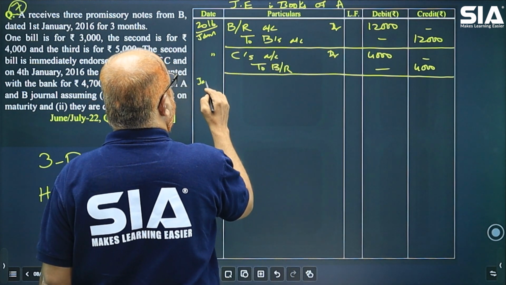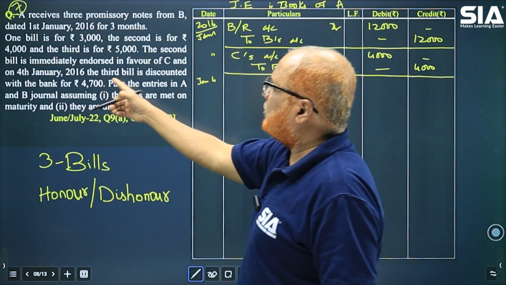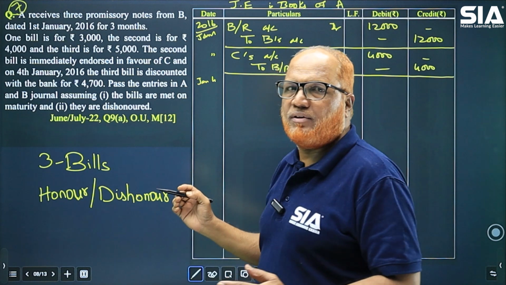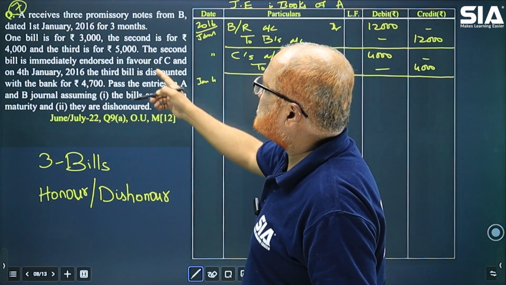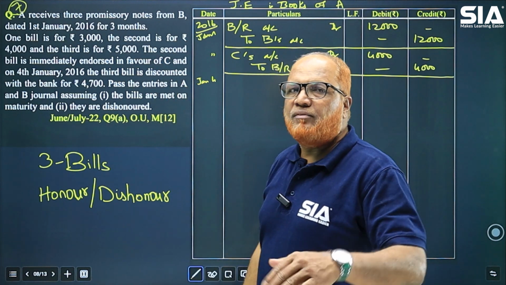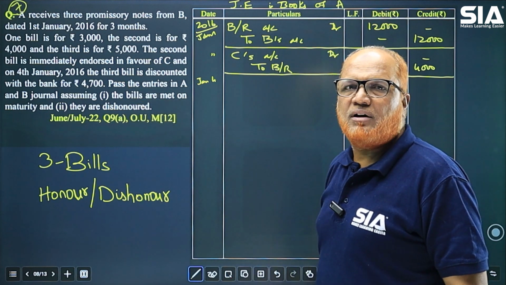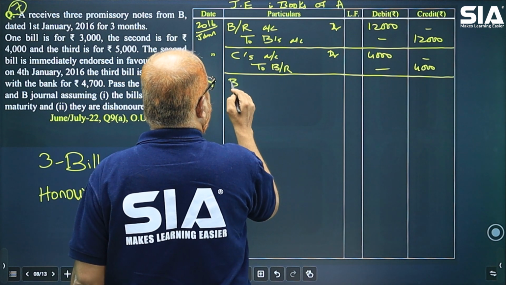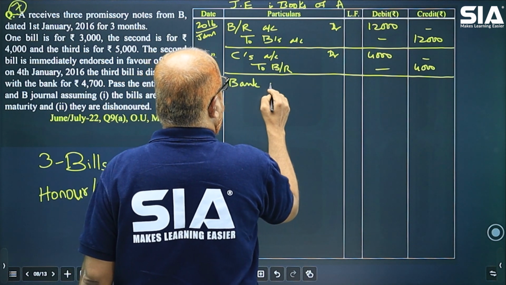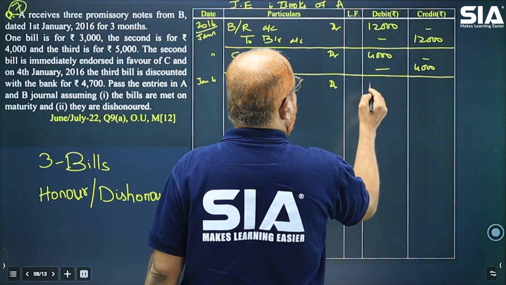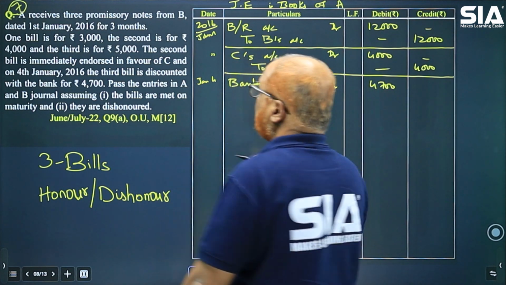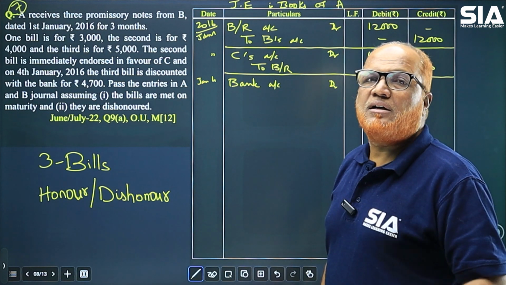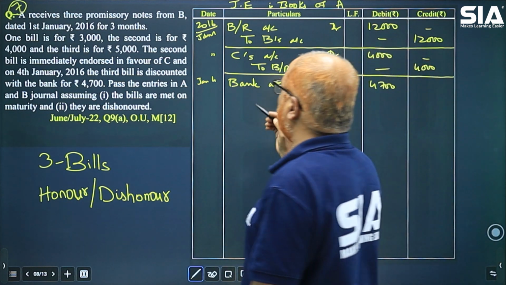The third bill he has discounted on 4th January 2016. So January 4th, the third bill is discounted with the bank for 4,700. The bill amount is 5,000. But we have discounted with the bank for 4,700. So we are getting 4,700. I'll debit bank account 4,700. So out of 5,000, the banker has given 4,700. 300 is the discounting charges taken by the bank.